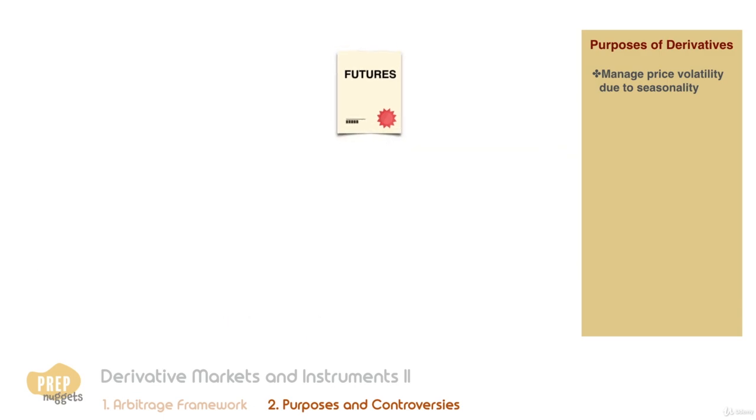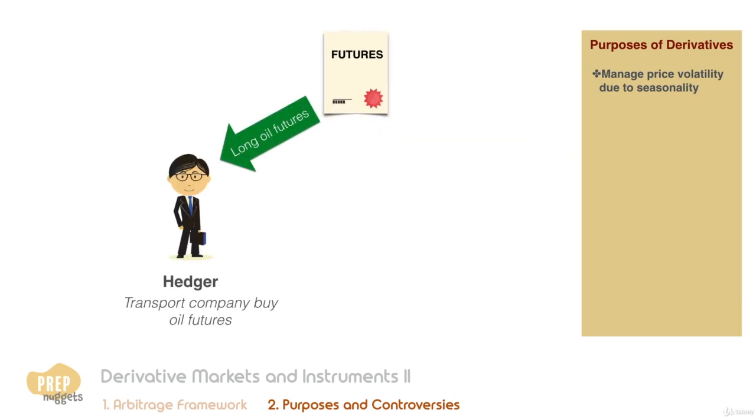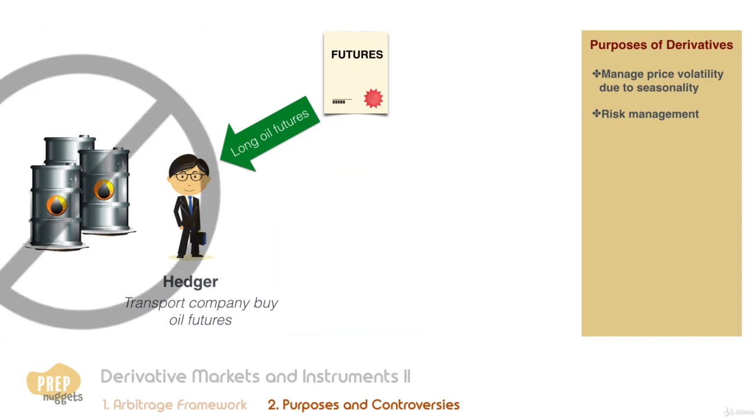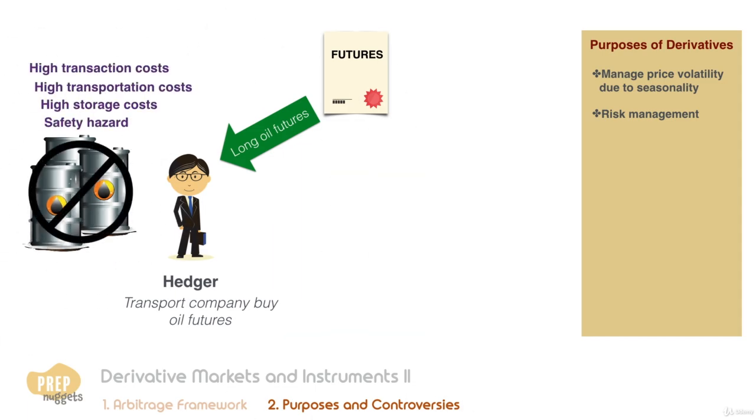We've discussed earlier the example of a transport company hedging against future increases in oil price by buying oil futures. This is an example of risk management. We know that fuel costs are a large part of a transport company's operating expenses, and that exposes the company to a huge risk if oil prices soar. Instead of buying barrels of petrol to hedge the risk, the company simply enters into oil futures contracts to hedge the risk.